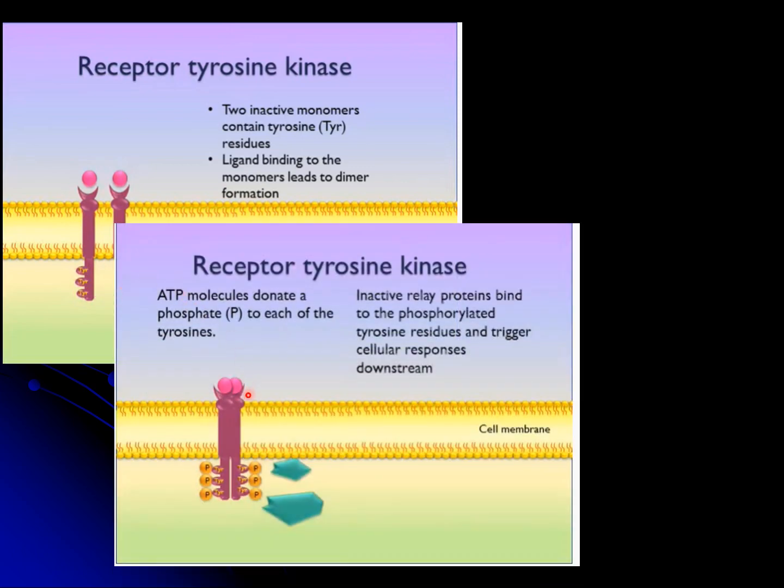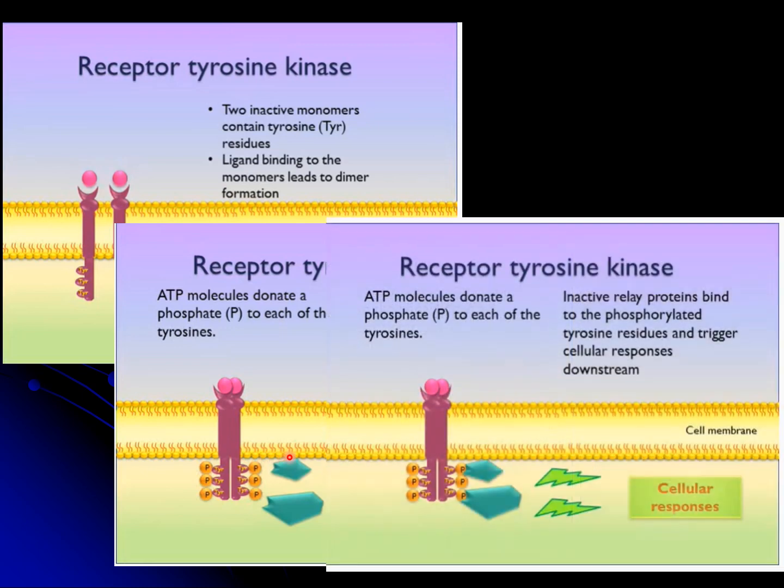So what happens when the receptor is activated through the binding of the drug or the ligand to the receptor? These two dimers come close together and it is called dimerization, which leads to phosphorylation of the tyrosine kinase and conversion of these ATP molecules. All right. And then the cellular response is shown.